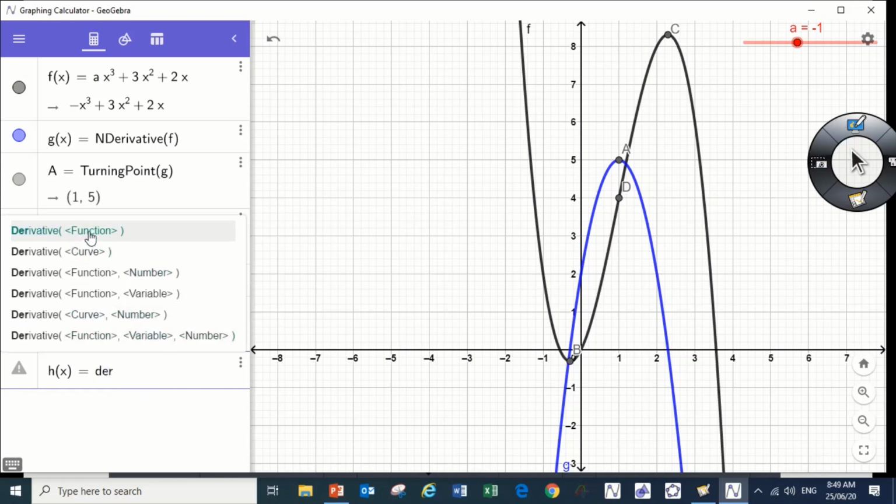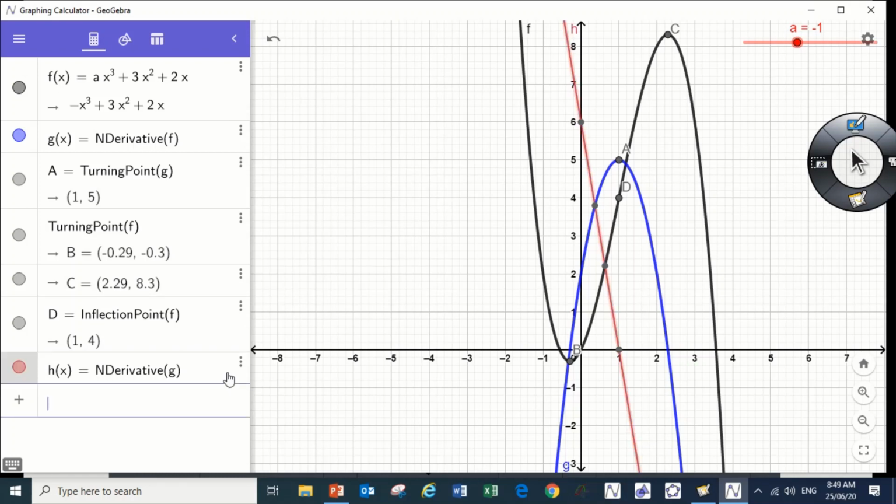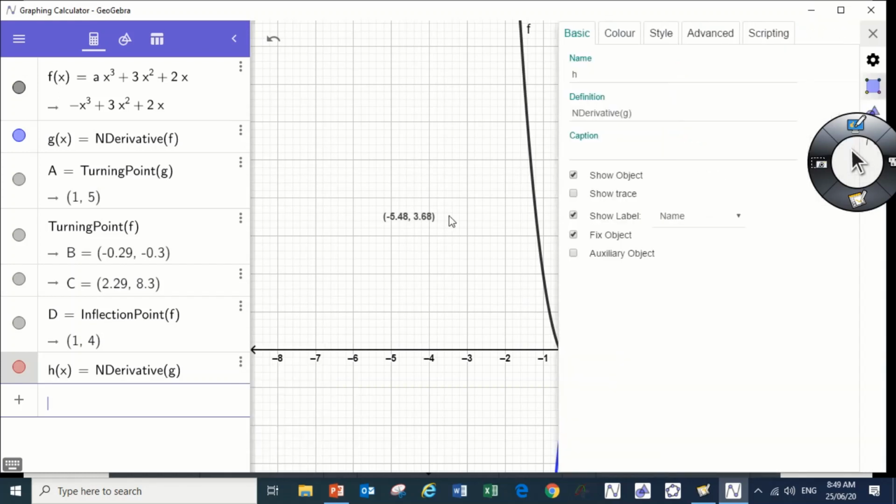Now, in this case, I'll put the derivative of the quadratic, to make it linear. So it will be g of x. Okay, so you have that. The one in red. Let me make it bolder.